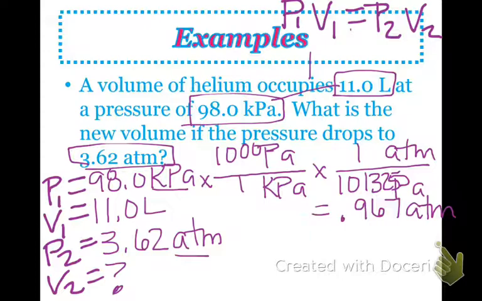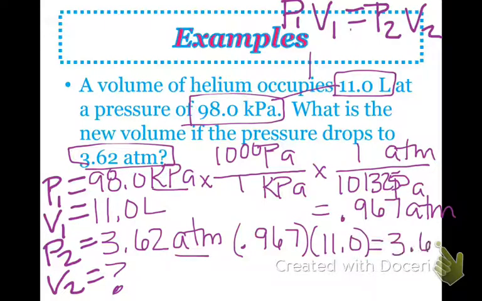So now I would need to take 0.967 times 11 equals 3.62 times V2, and again, multiply these two, divide it by 3.62, so 0.967 times 11 divided by 3.62.